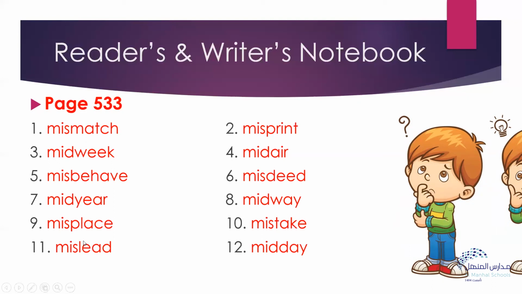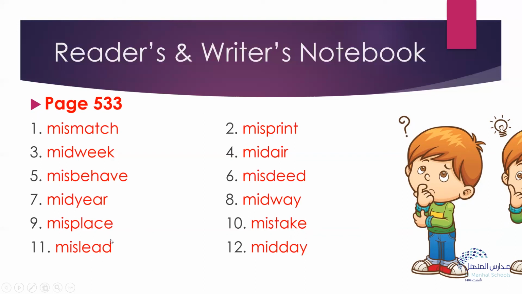9, place. We write the list word to complete each phrase. Misplace your keys. When you misplace your keys, you put them in a place where you can't find them immediately and they're lost and you're looking for them. Number 10, make a mistake. Mistake would be the most appropriate word for number 10's answer. Number 11, people.